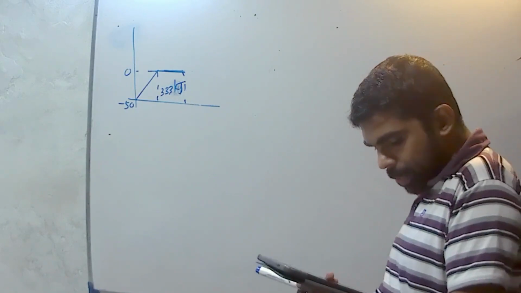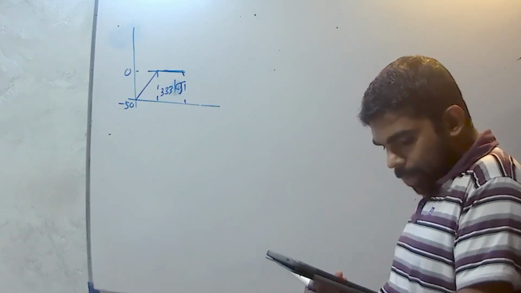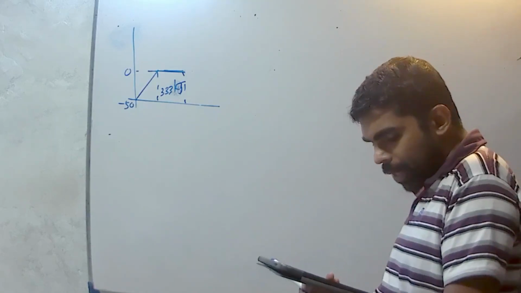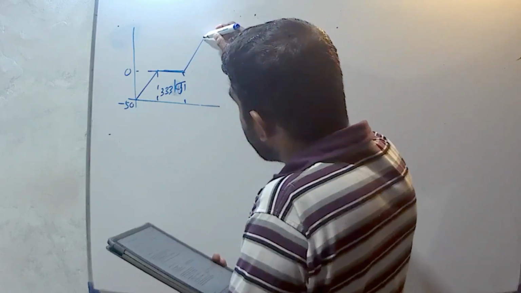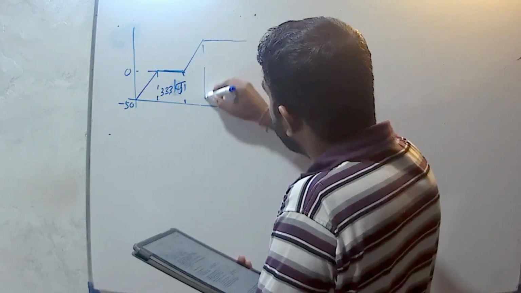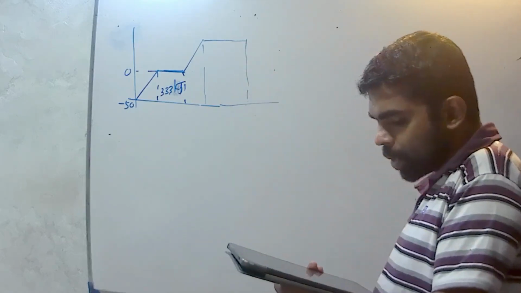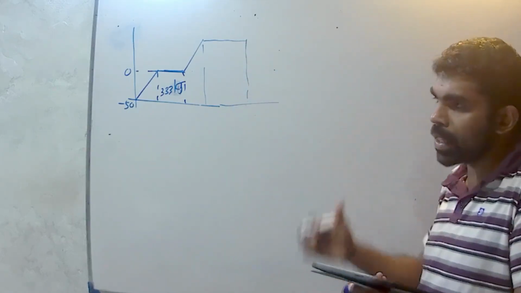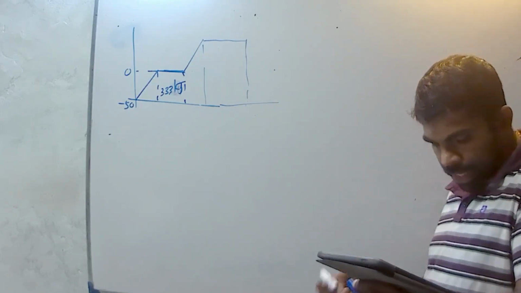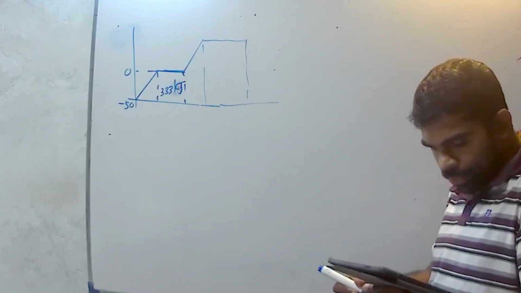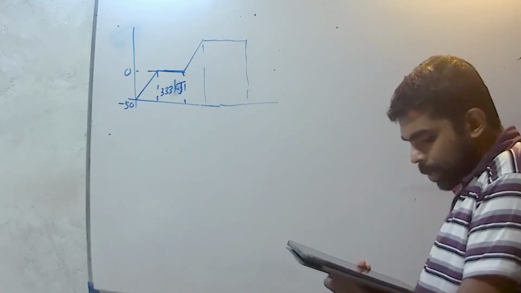In the second one, the specific latent heat of vaporization is 2256 into 10 to the power 3. Yes, it is also correct. It is related to this part of the graph. Same thing, they have given 2256, the axis is in kilojoules. So 2 is also correct. Then 3, the specific heat capacity of ice is 1110 joules per kilogram.